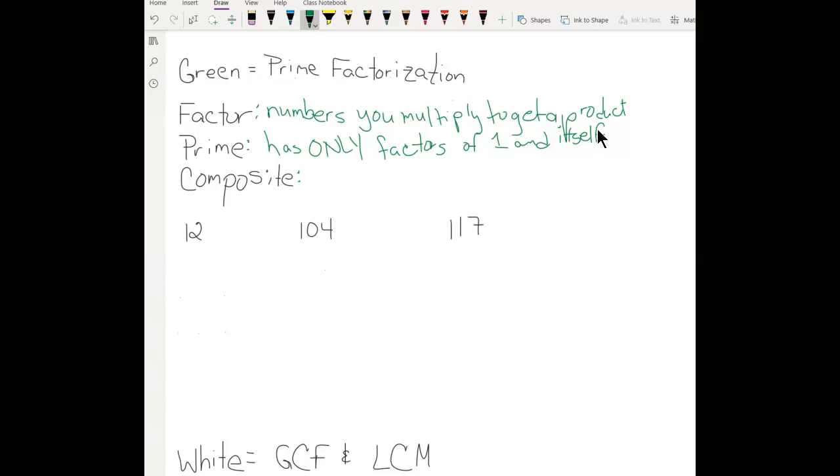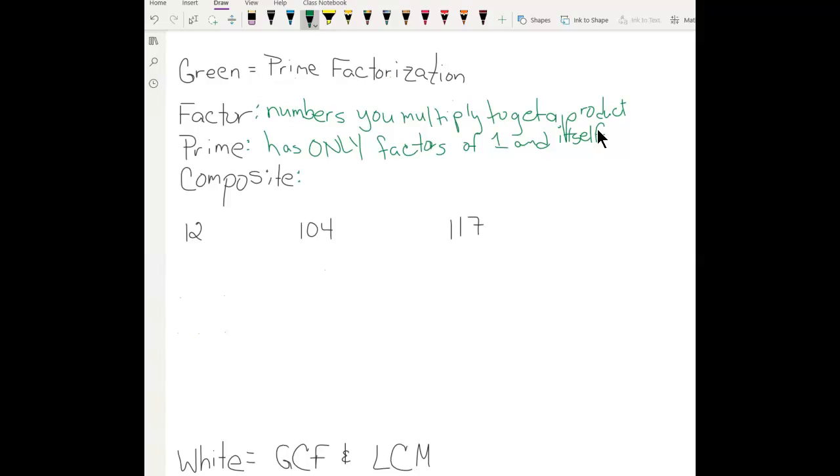Okay? Prime number. You can only divide it by 1 and itself. That's it. Okay? So, like, 2 is a prime number. Because what are the factors of 2? 1 and 2. 3 is a prime number. What are the factors of 3? 1 and 3. Nothing else multiplies to make 3. Just 1 times 3. Okay?